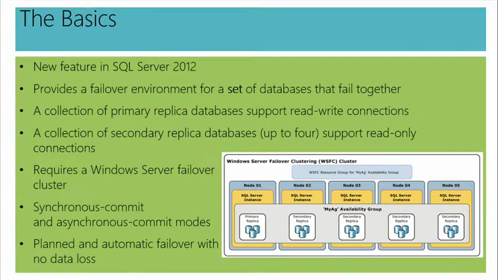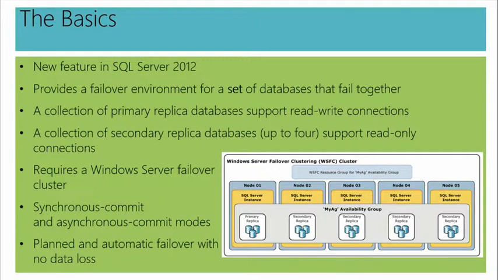Don't give it away. A collection of primary replica databases support read-write connections. A collection of secondary replica databases, up to 4, support read-only connections, but it requires a particular Windows feature technology called Windows clustering. So we'll find also, just like with mirroring, that we can have synchronous commit mode.